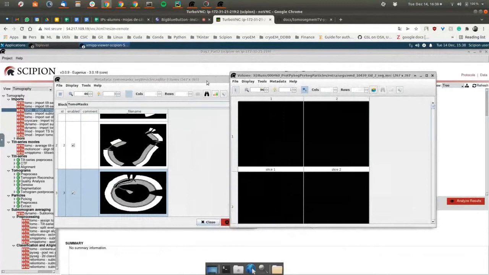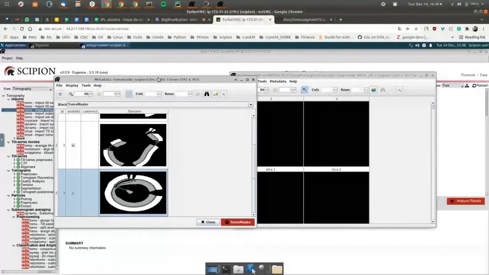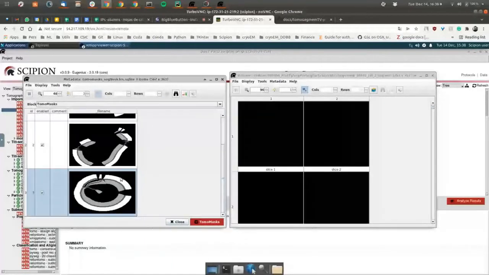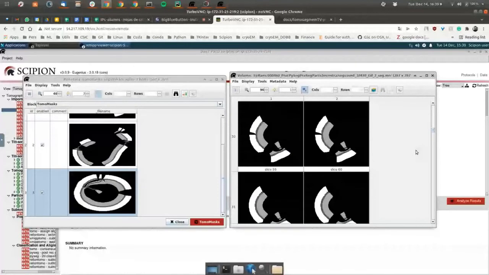Once you are here in the segmentations panel, choose the spherical one, which is easier and perfect for a profile.